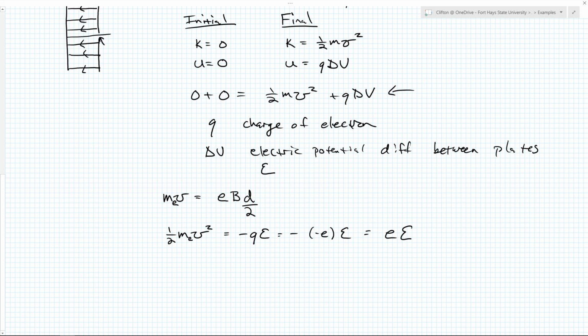So I'm after the diameter d. So let me just take the second equation, solve for velocity, plug it into the top equation, and then solve that for d. So I've got mass of the electron, v squared, is equal to 2 times this. All right, so just do some algebra, solve for v.